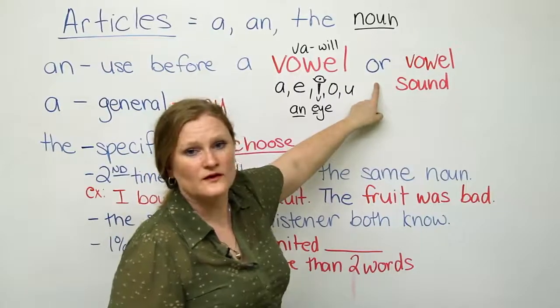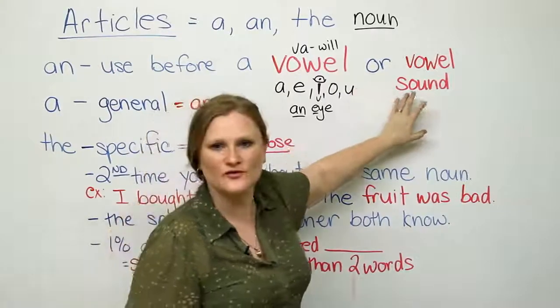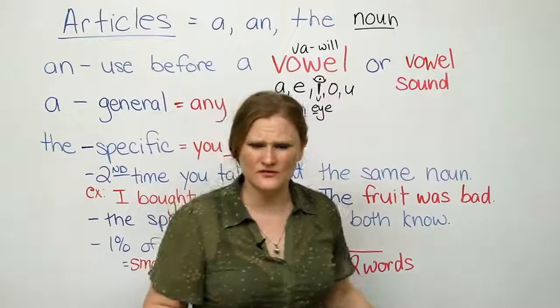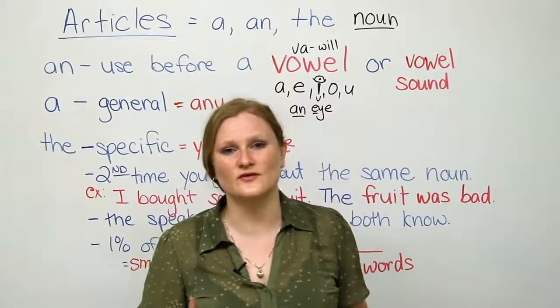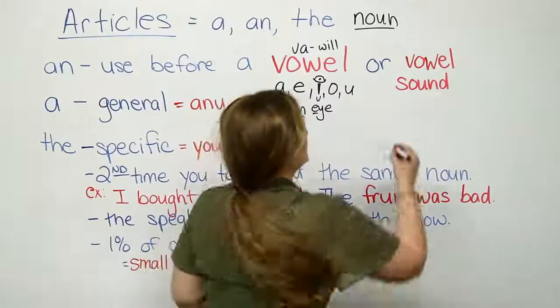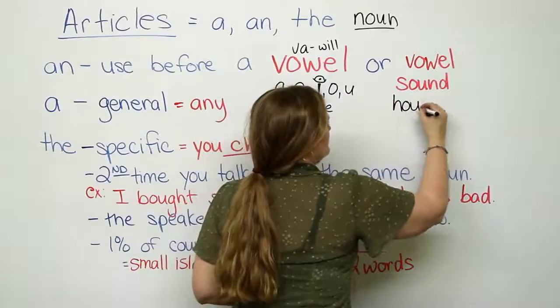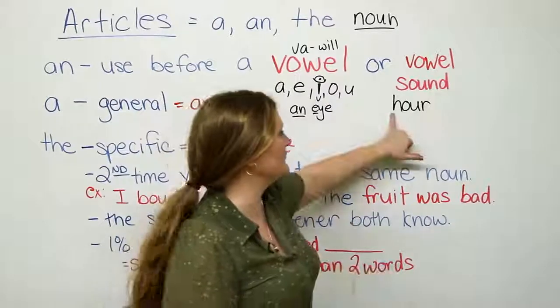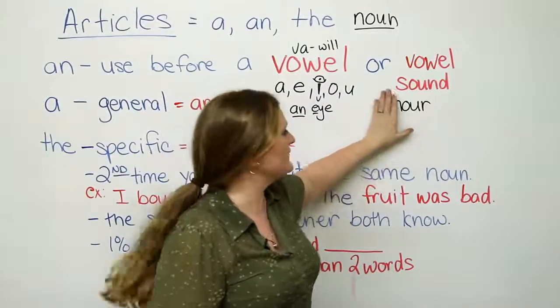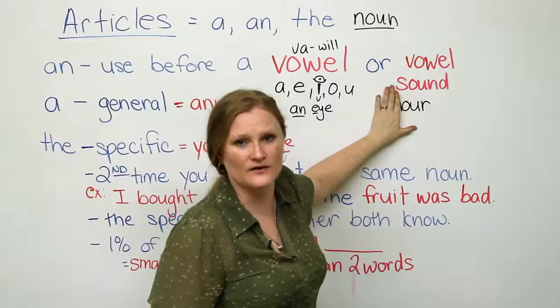Or, if the word begins with a vowel sound, what is a vowel sound? A vowel sound is usually the letter H. For example, the word hour. We do not even say the H. It sounds like we're saying our.